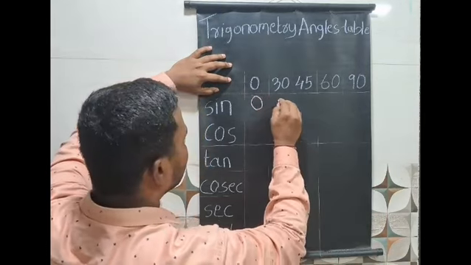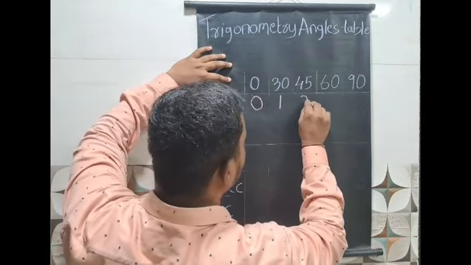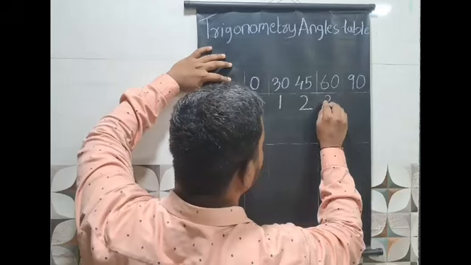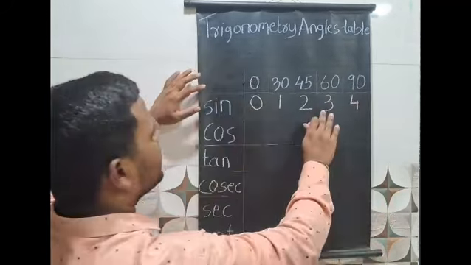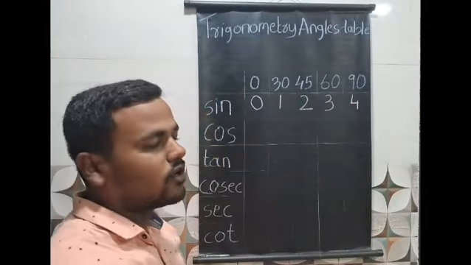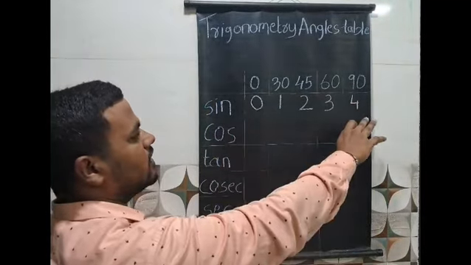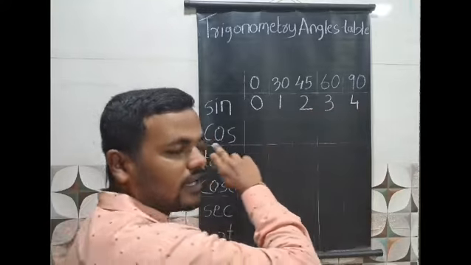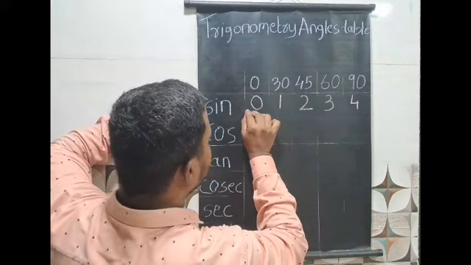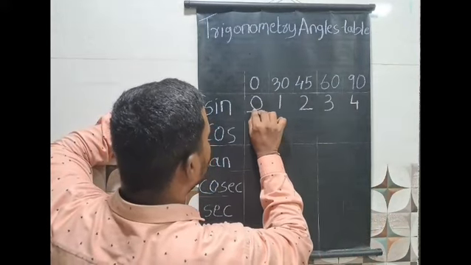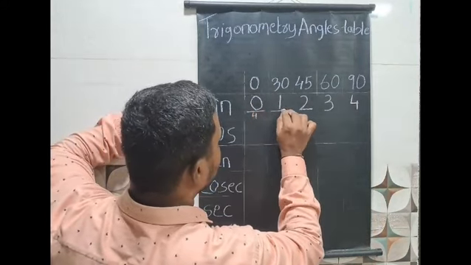Let's start with 0, 1, 2, 3, and 4. This is nothing specific, just 0, 1, 2, 3, 4 in serial order. Second step, we will divide each of these by 4.